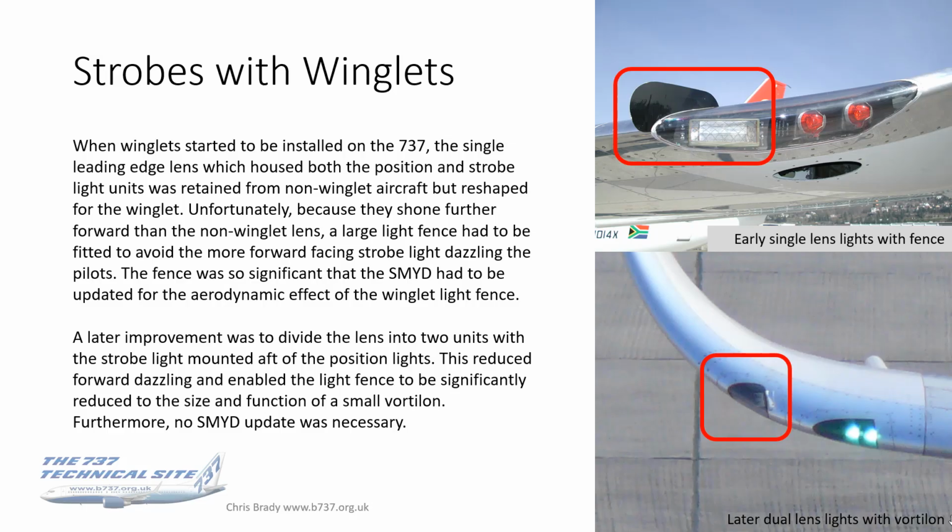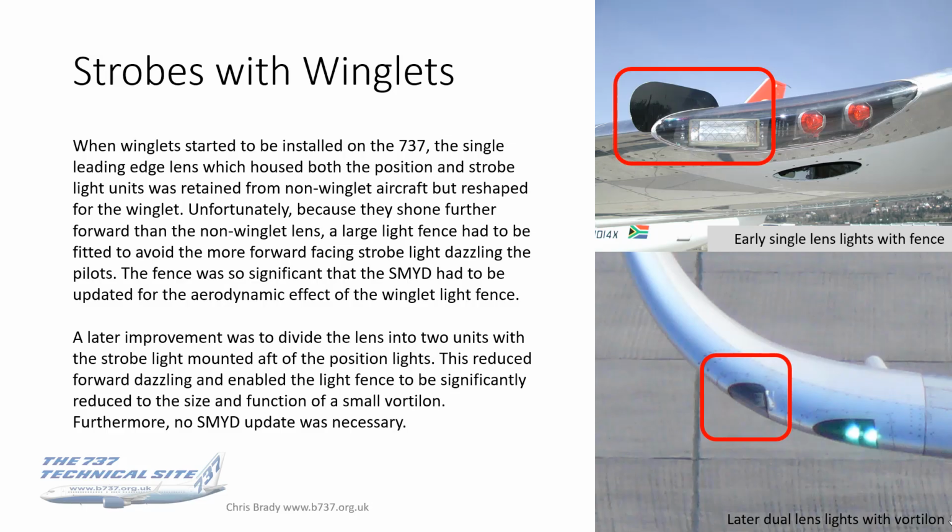The single leading edge lens which housed both the position and the strobe light units, the one in the top photo, was retained from non-winglet aircraft, but reshaped for the winglet. So in other words, it was curved slightly up. But again, there was one lens in it, and it housed both the position light and the strobe.